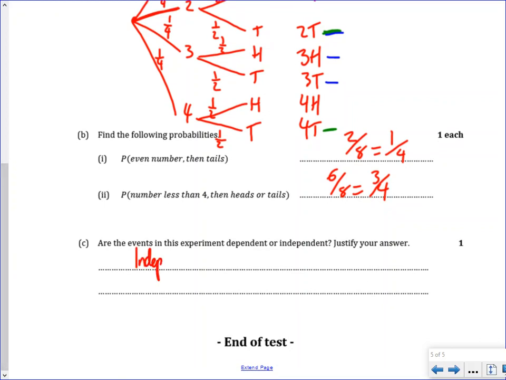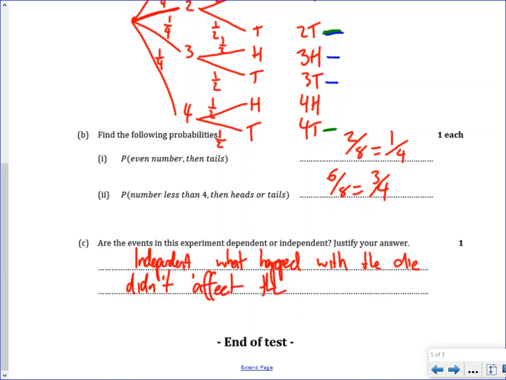The reason for that is that whatever happened in the first stage didn't affect the second stage. What happened with the die didn't affect the coin.